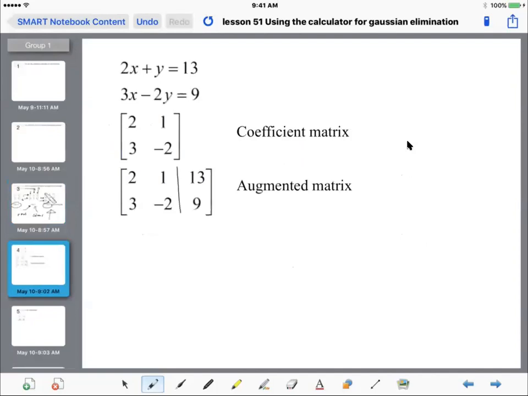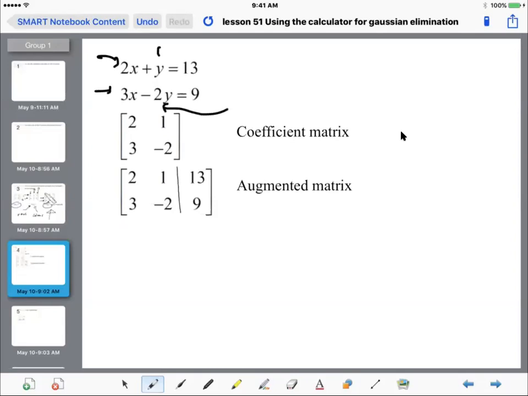So here's a system of equations from Friday. 2x plus y equals 13. 3x minus 2y equals 9. If you take the coefficients, in other words the 2, the 1, the 3, and the negative 2 are the coefficients of the x and the y, and you put them into a square matrix, that's called the coefficient matrix.